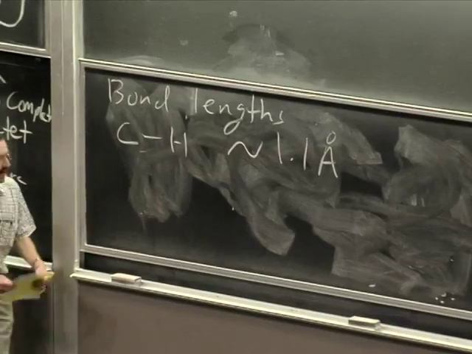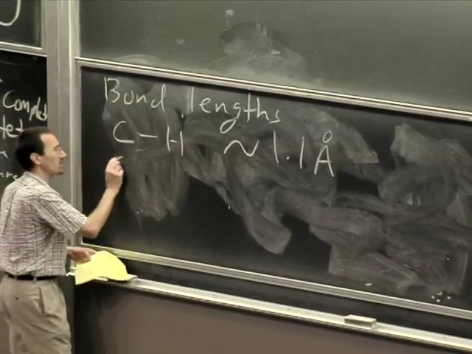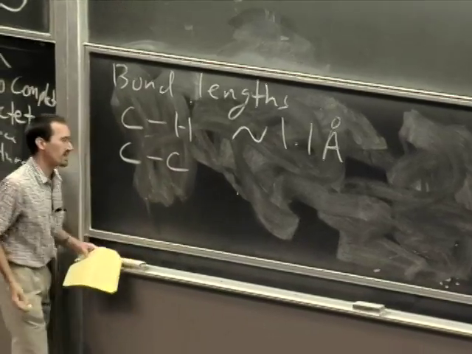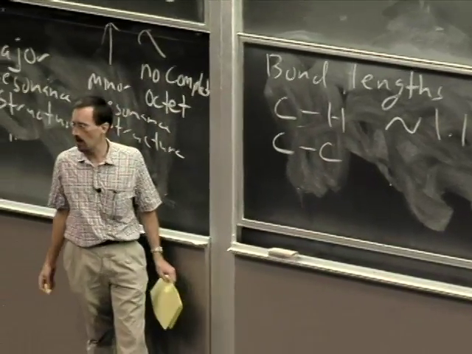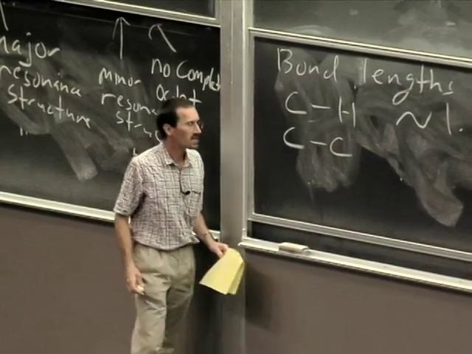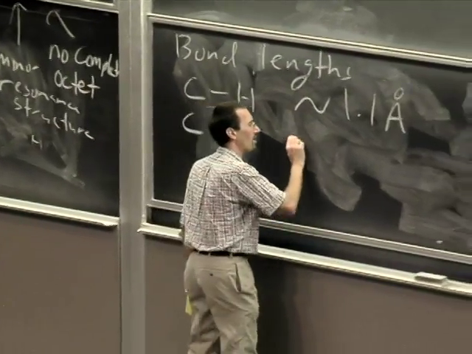How about carbon-carbon bond lengths? These are numbers that are worth having at your fingertips. A typical carbon-carbon single bond is about 1.54 angstroms.